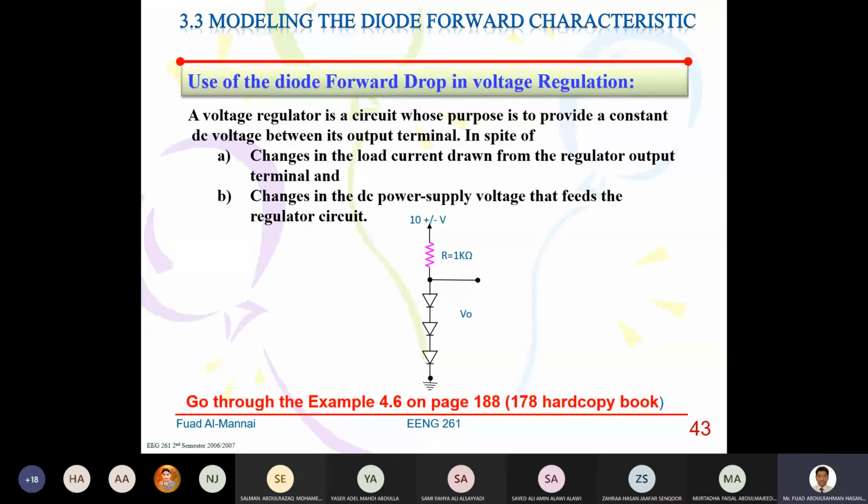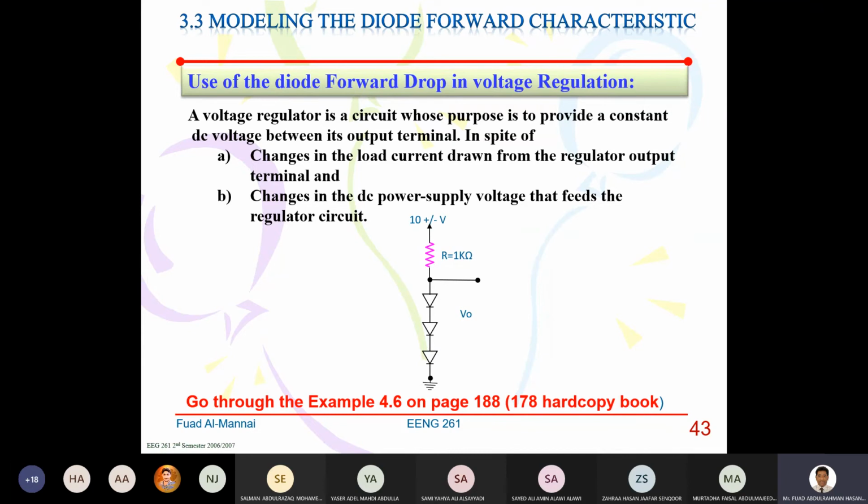A voltage regulator is a circuit whose purpose is to provide a constant DC voltage between its output terminals, in spite of changes in the load current drawn from the regulator output terminals, and in spite of changes in the DC power supply voltage that feeds the regulator circuit.